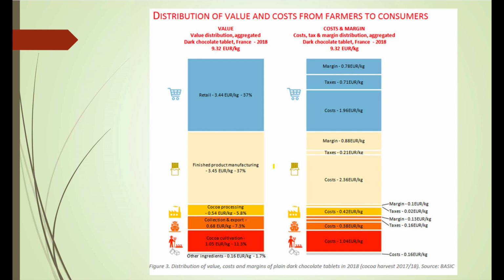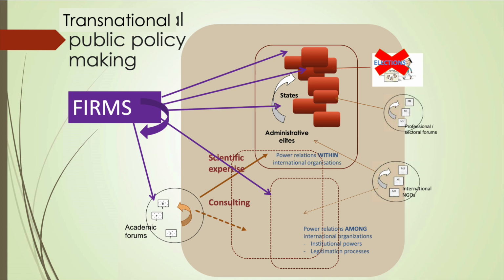And if you remember the picture I showed with international organization, I had just forgotten one point, which is the role of firms here. And the role of firms is to influence all types of discussions among states, among scientists, among also, I should have put an arrow towards international NGO.